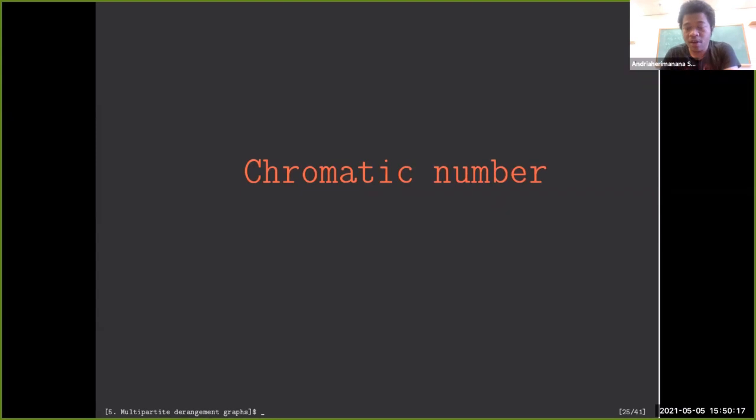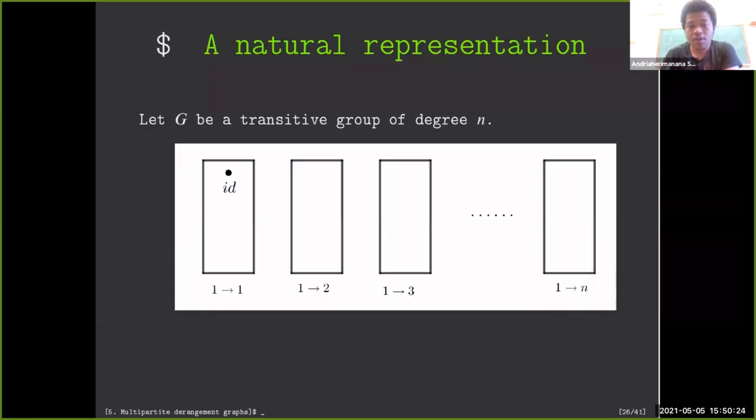And now let's talk about the chromatic number of derangement graphs. If you are given a transitive group G of degree n, so I suppose that it is a subgroup of Sym(n) here, we can always partition the derangement graph of G as follows.